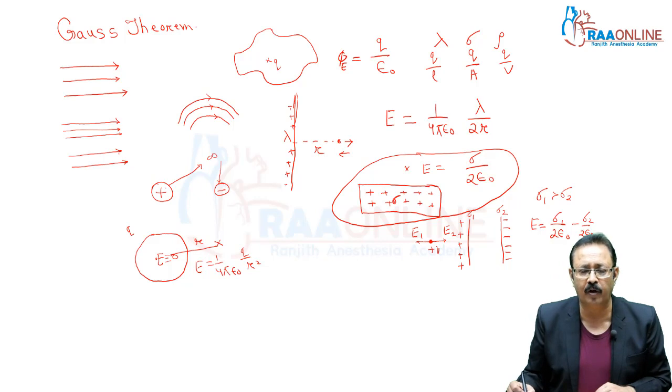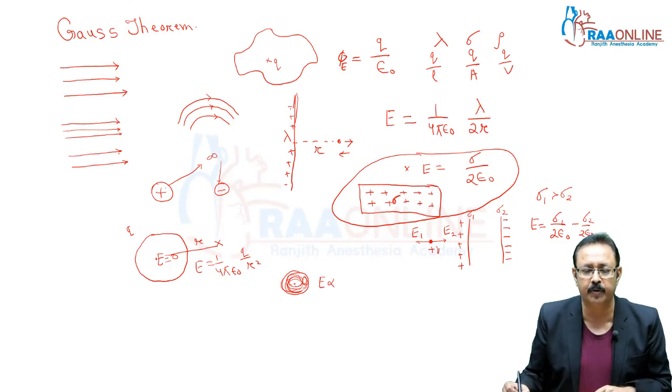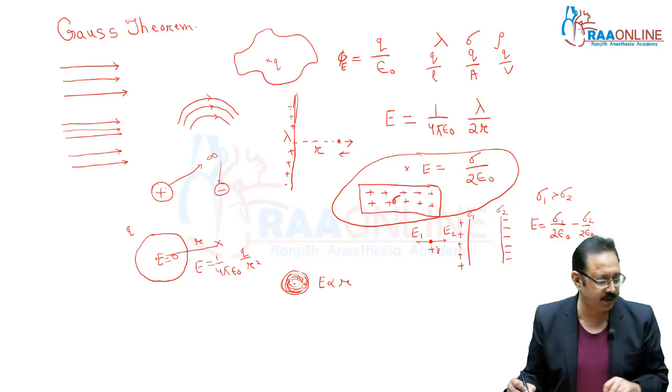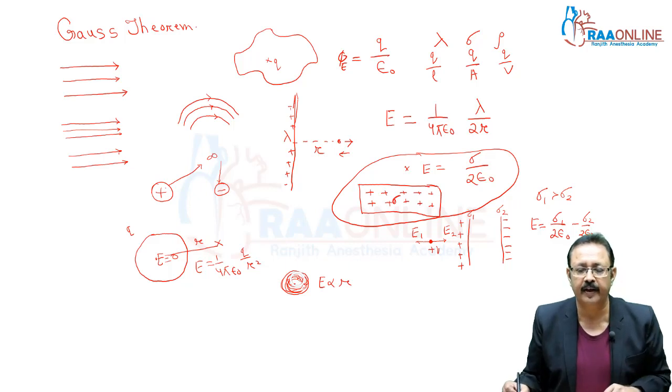But if you have a non-conducting sphere of charge, now everywhere there is charge and the charge density is the same. So inside the non-conducting spherical distribution of charge, the electric field will be directly proportional to R. But outside, it will be inversely proportional to R square.